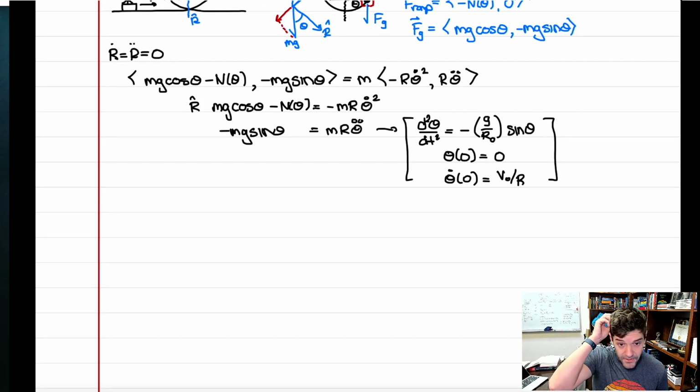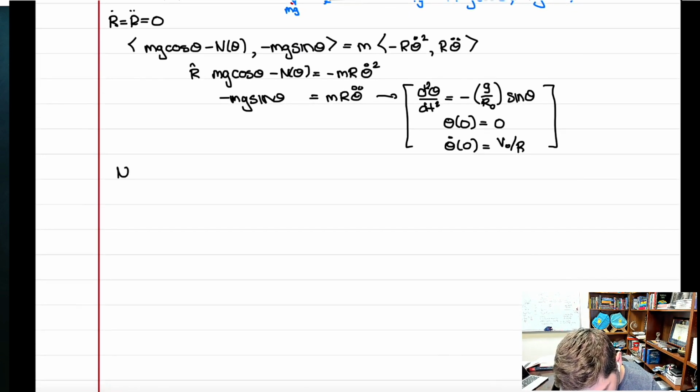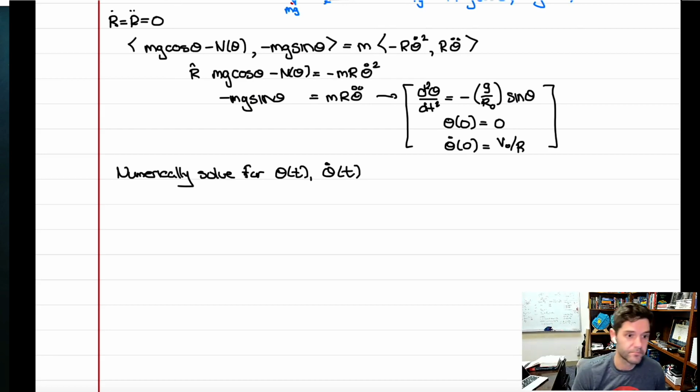So while this is challenging to do analytically, we can do it numerically. Whip out your Python odeint and solve it with a Runge-Kutta method. Let's suppose you do that. So you can then numerically solve for theta as a function of time, as well as theta dot as a function of time.